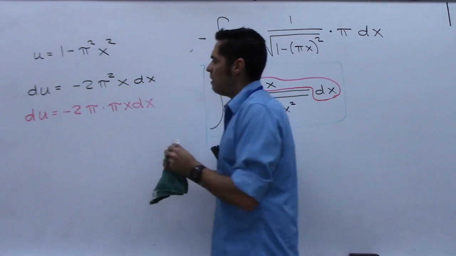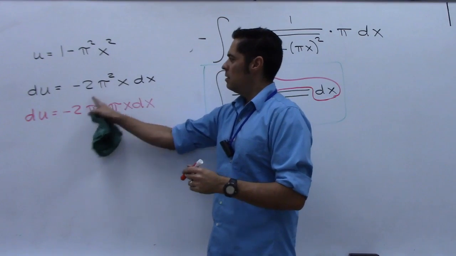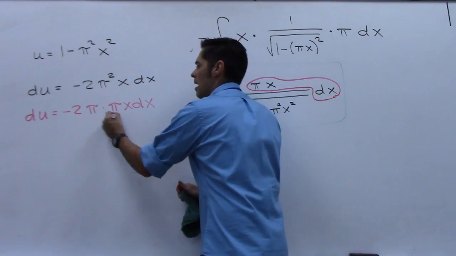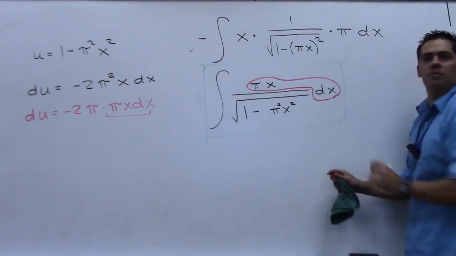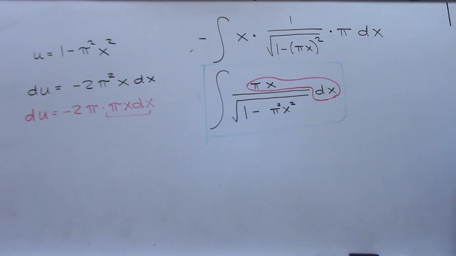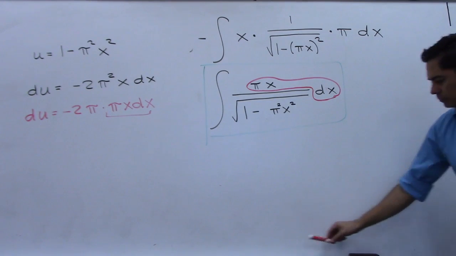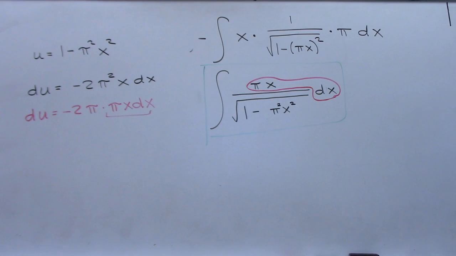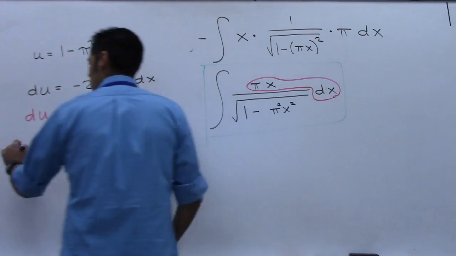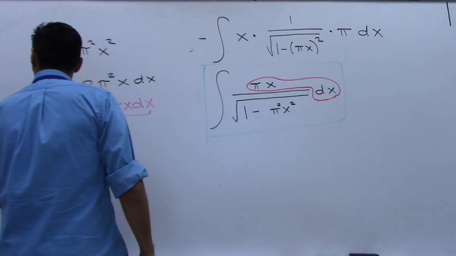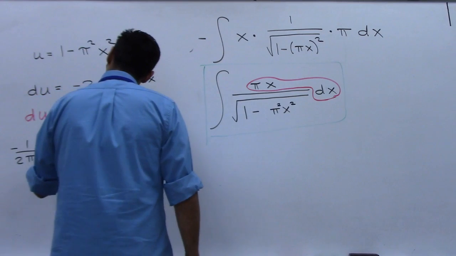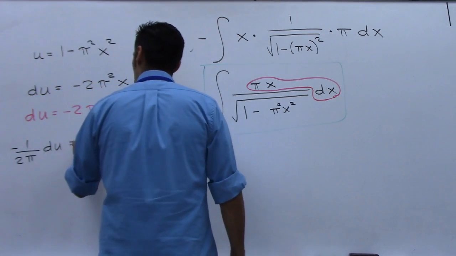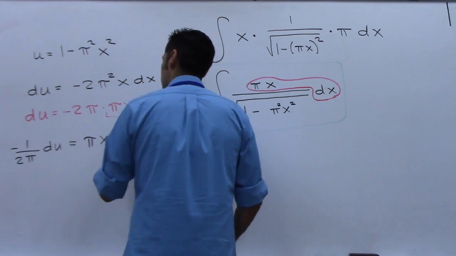What I did here is I peeled off one of the pi's so that I could see pi x dx to match it up with this. See me matching that? So what should I scale by to make these match up? Negative 1 over 2 pi du is equal to pi x dx.